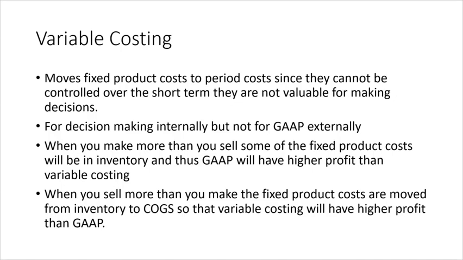When you sell more than you make, your fixed product costs are moved from inventory to cost of goods sold, so variable costing will have a higher profit than GAAP. So there's a difference there, and it's literally just moving costs that would typically go into inventory and cost of goods sold to period costs, for our analysis purposes, not for financial reporting outside, but internally.